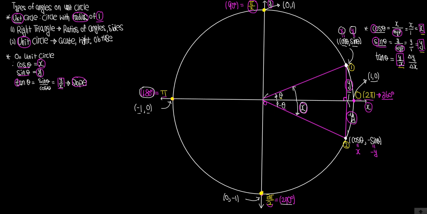Now we can think about the new information. If the two coordinates are x-axis symmetrical, then the original coordinate, which is cosine theta, sine theta, will be converted to exactly the same thing, cosine theta, sine theta, except the y value will be opposite. In this case, it will be negative sine theta.